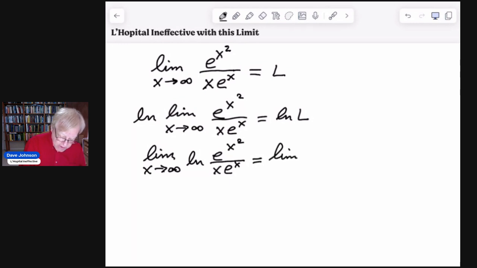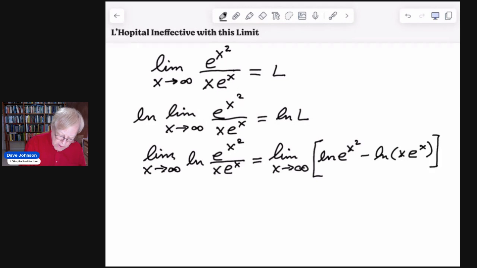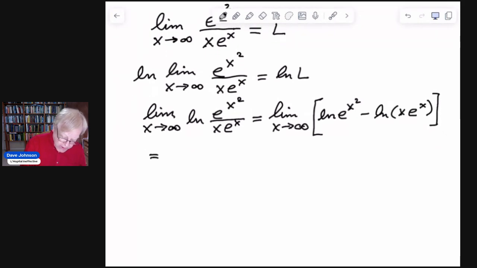Let's go ahead and expand this. So the limit as x goes to infinity, I'm going to use a log property here, so let's put this in brackets. We get ln of e to the x squared minus ln of x e to the x. And continuing to expand, the limit as x goes to infinity: the ln of e to the x squared just becomes x squared.